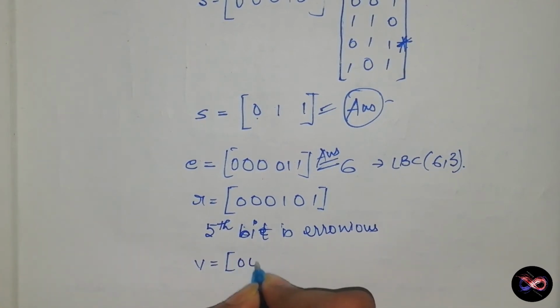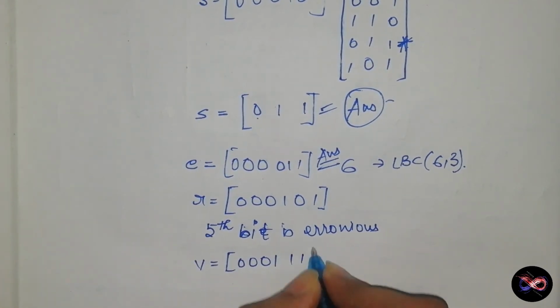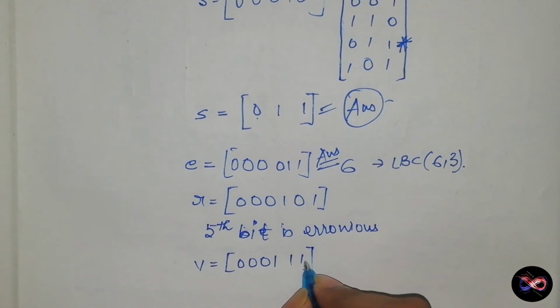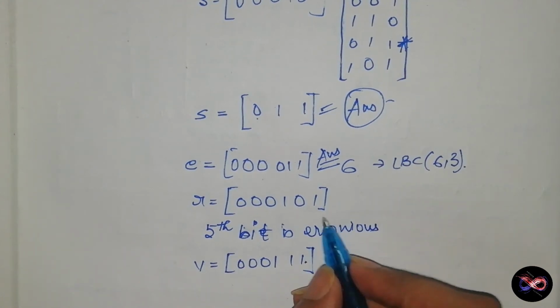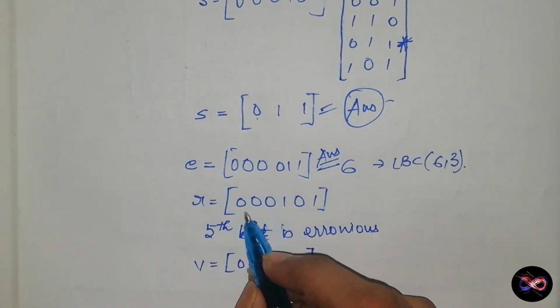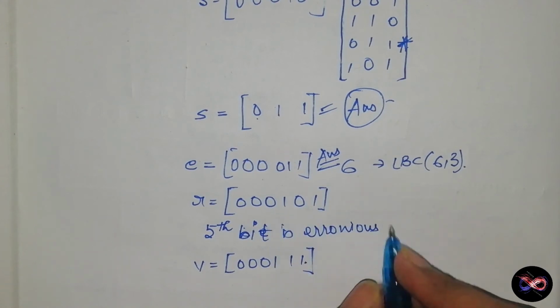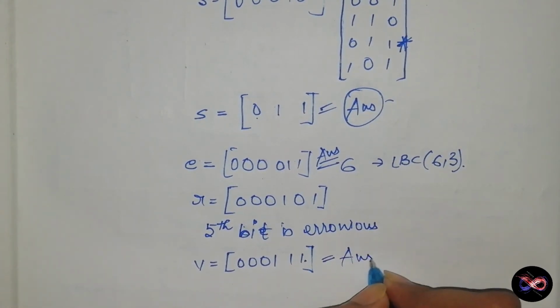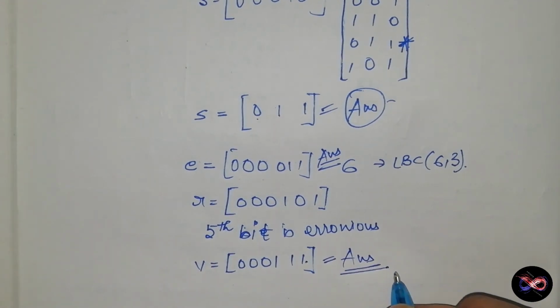So this will be 000111. So the actual transmitted code was 000111, but due to the error involved, we got the received code as 000101. So we also got the actual code, which was our required solution.